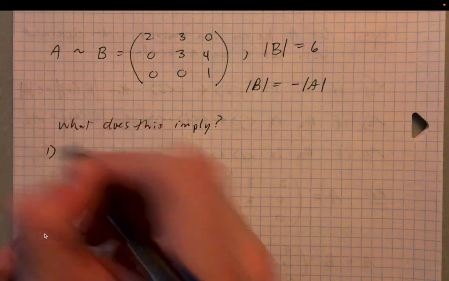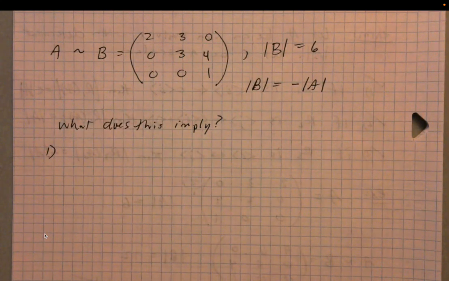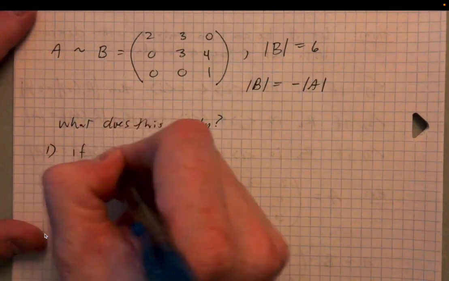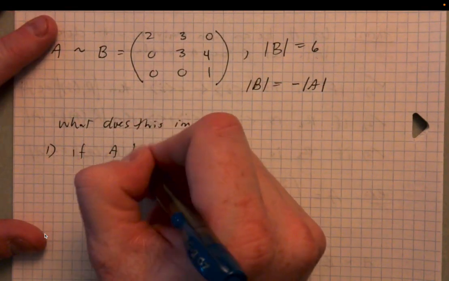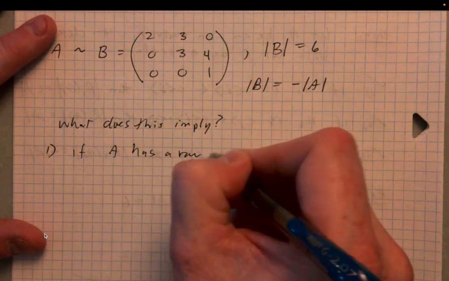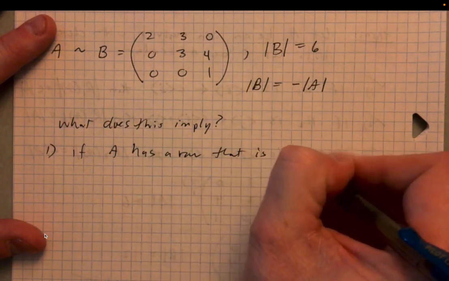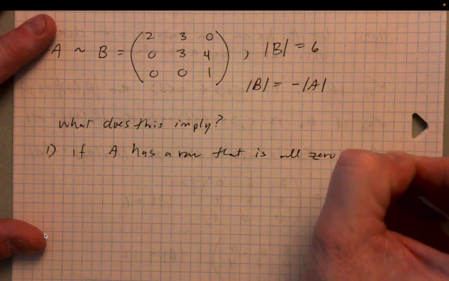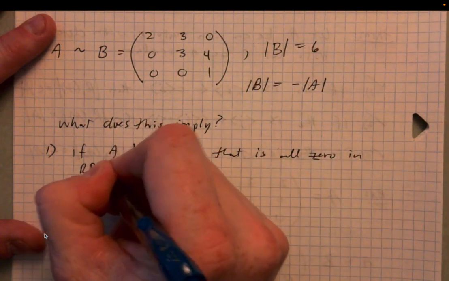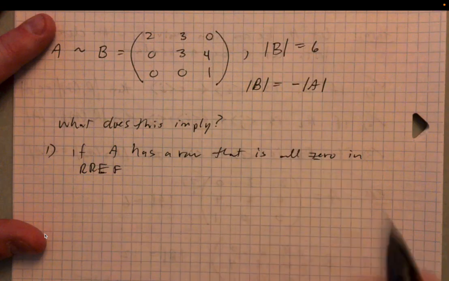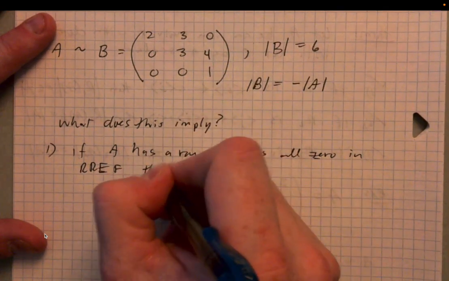One of the things that becomes clear is that if A has a row that is all 0 in RREF, then the determinant of A is 0.